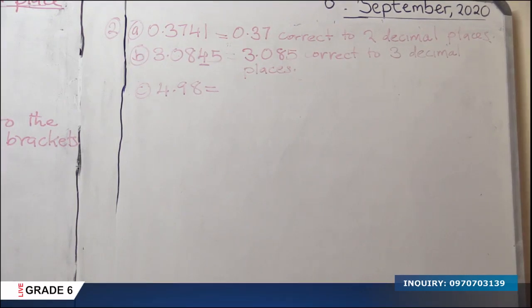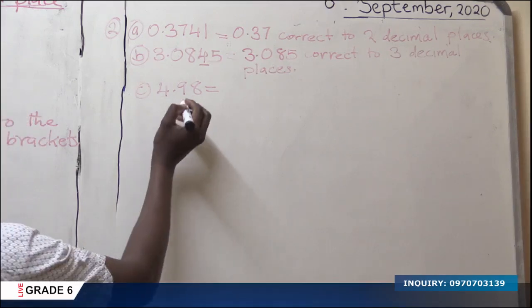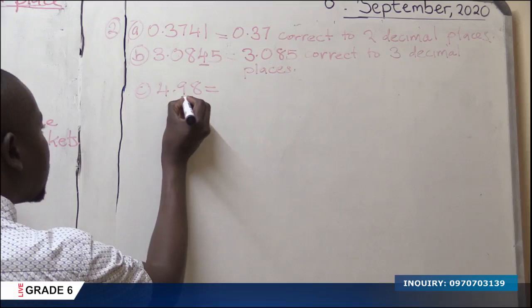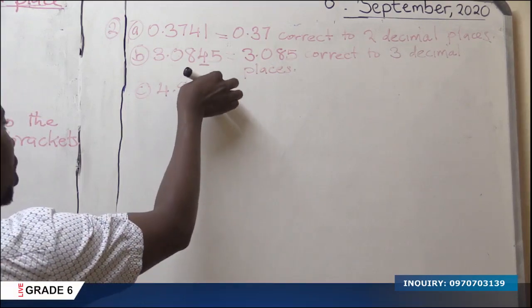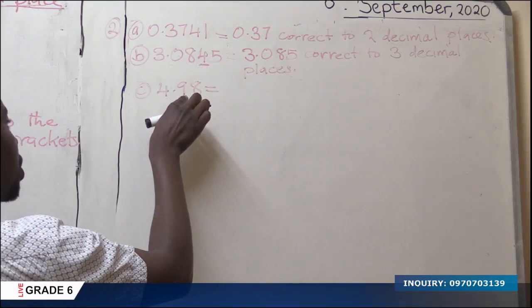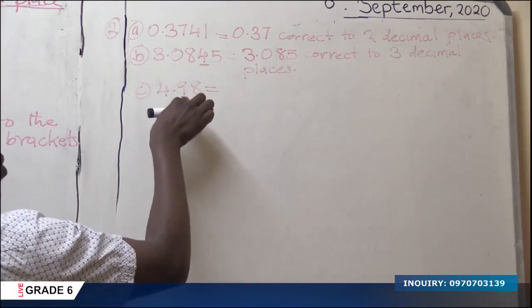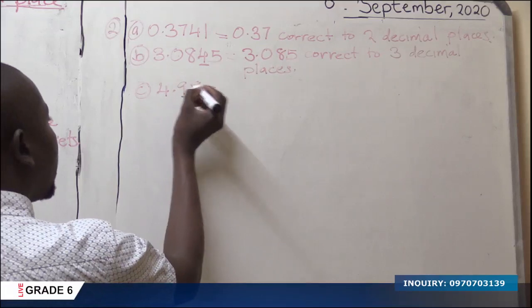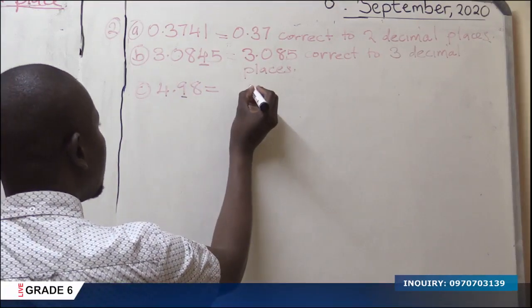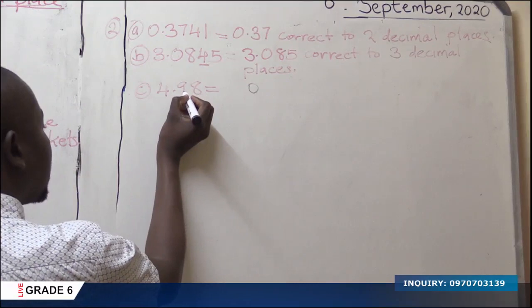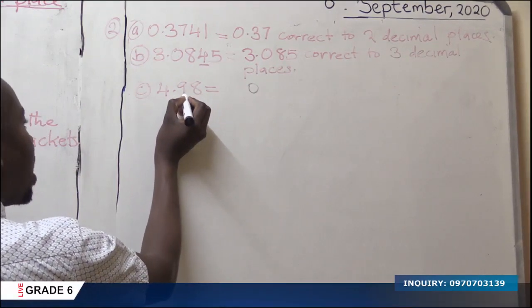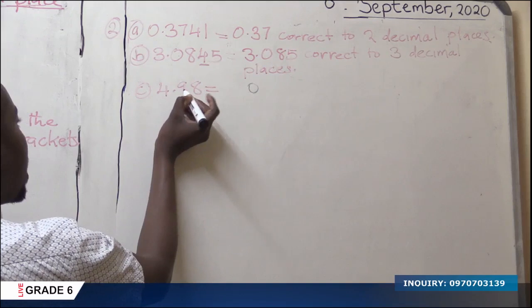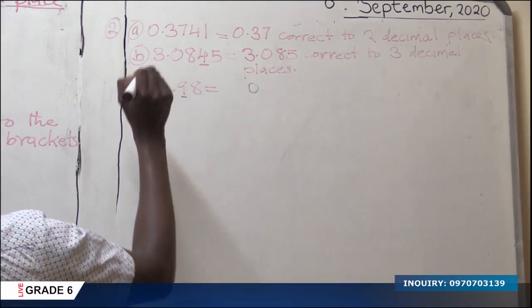So 4.98, it means that when we round off to one decimal place, our first decimal place is this one. So meaning that we are going to change our 8 there. We get 1 from 8, we put it on 9. So there, on 9, there will be 0, meaning that this 9 will become 10. So if it becomes 10, you write a 0 there, then you carry the 1 to where 4 is.